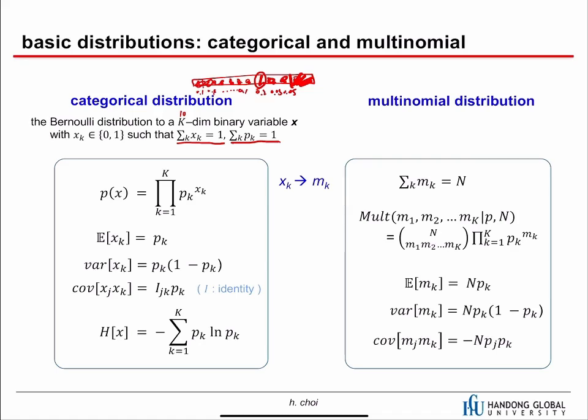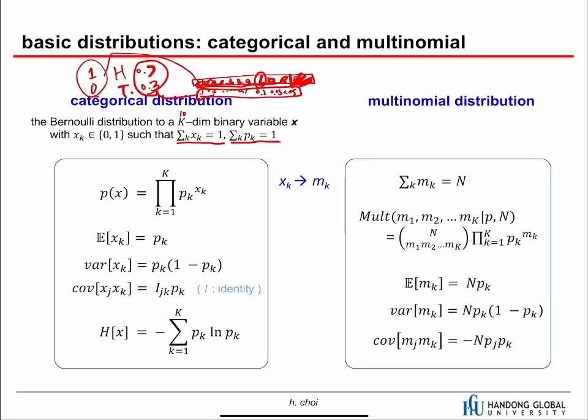So this one is a generalization of the Bernoulli distribution. In the Bernoulli distribution, we have a p, right? So head is 0.7 and for tail we have 0.3. And when we toss, if we have head, then it is 1, and if it is a tail, then it is 0. Likewise, we have 0, 0, 0, 1, 0, 0. It corresponds to this thing, and these values correspond to these numbers.